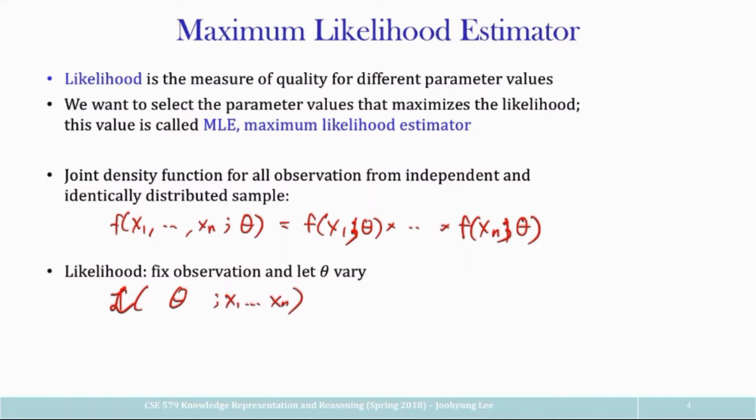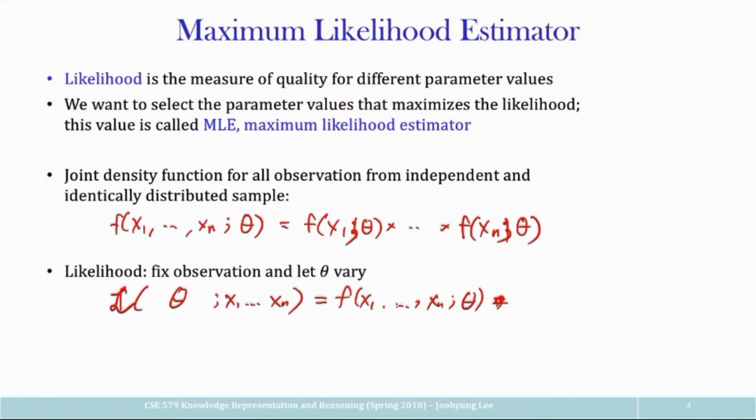It is exactly the same function; it's just what we view as varying. x1 through xn are now fixed, you are given this data. But which theta will best explain this data? Which value of theta do you want to choose? This is exactly the same function as before, we are just looking at it from a different angle.